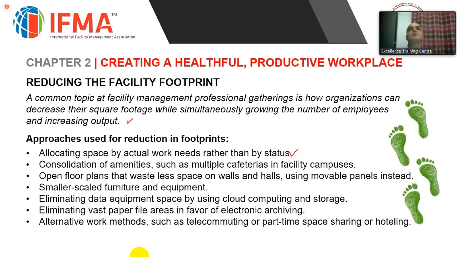If I have someone who needs to use a bigger space, I have to consider that rather than their status, whether they are a manager or not. If I have someone like a salesman, a typical example, who always wants to see clients and interact with clients visiting, maybe I provide him with a separate office, even though he is not a manager. So it's about the actual work needs rather than the status.